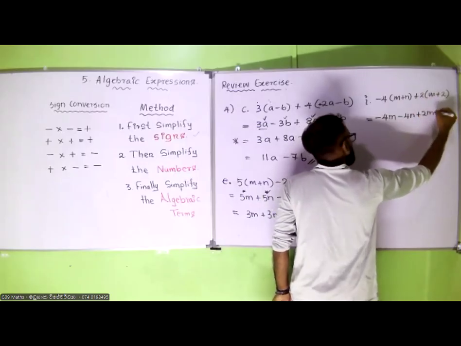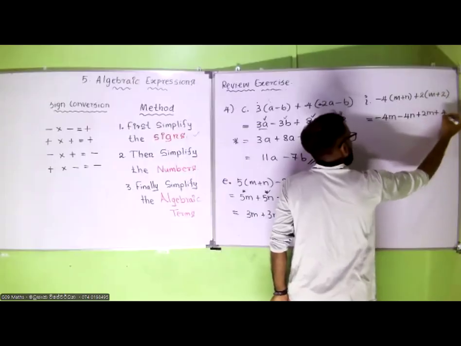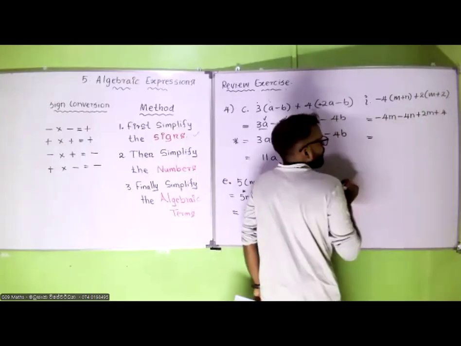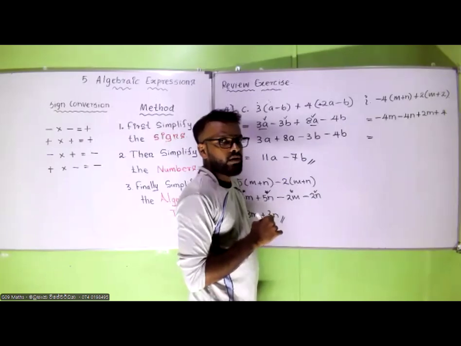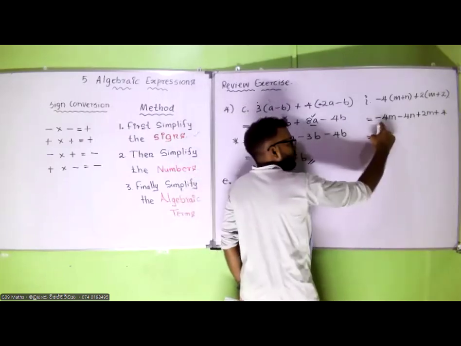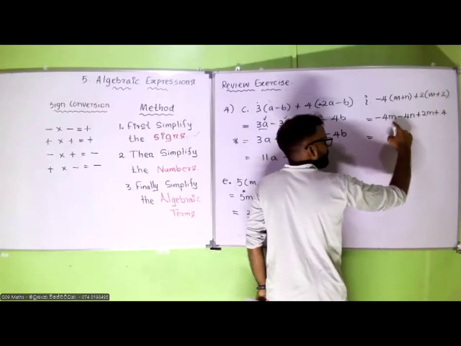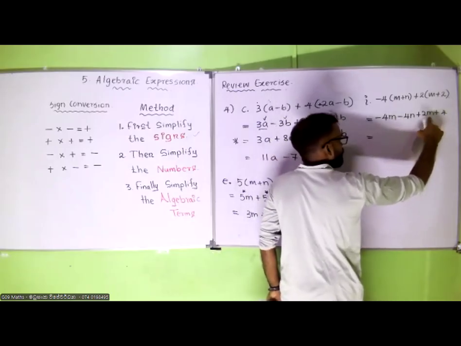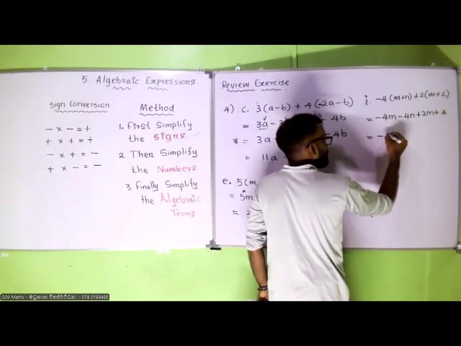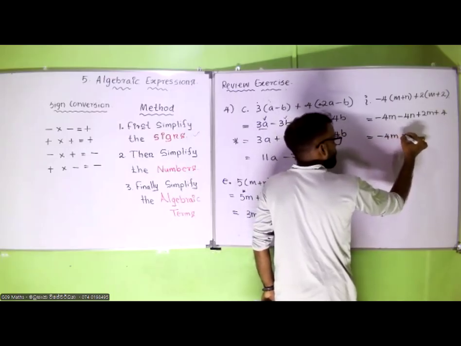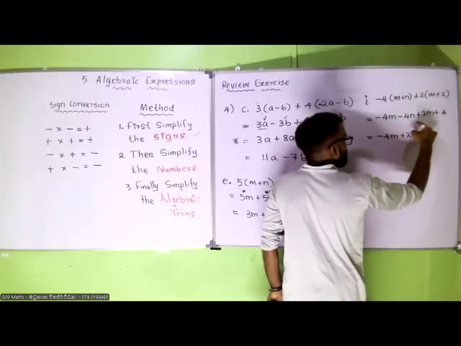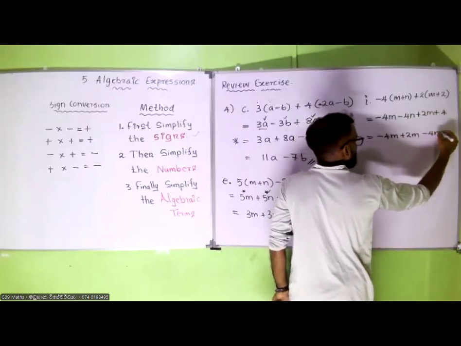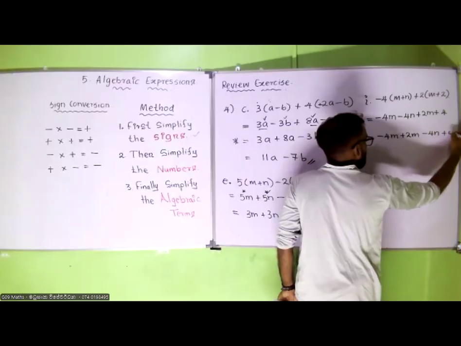Positive into positive, positive. 2 times 2, 4. Now, like terms: the n terms. Negative 4n and positive 2n, right? I will write them in the same place. Any other n terms? No. So you have to write that alone. Plus.